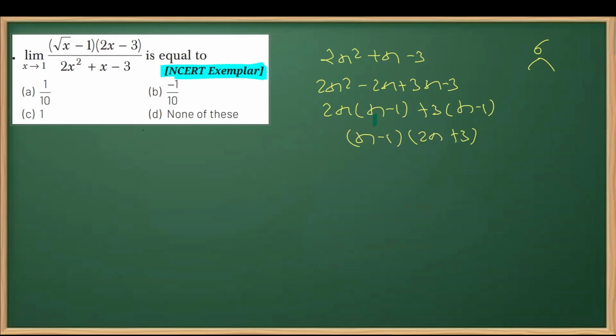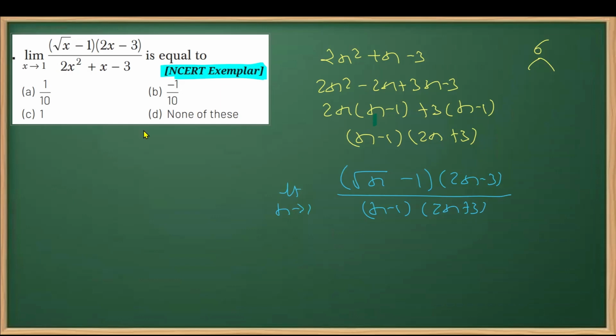Now you see here, if I write down the question, which is under root x minus 1, and this is 2x minus 3, that whole divided by x minus 1 into 2x plus 3 after factorizing, and this limit here as x tends to 1.